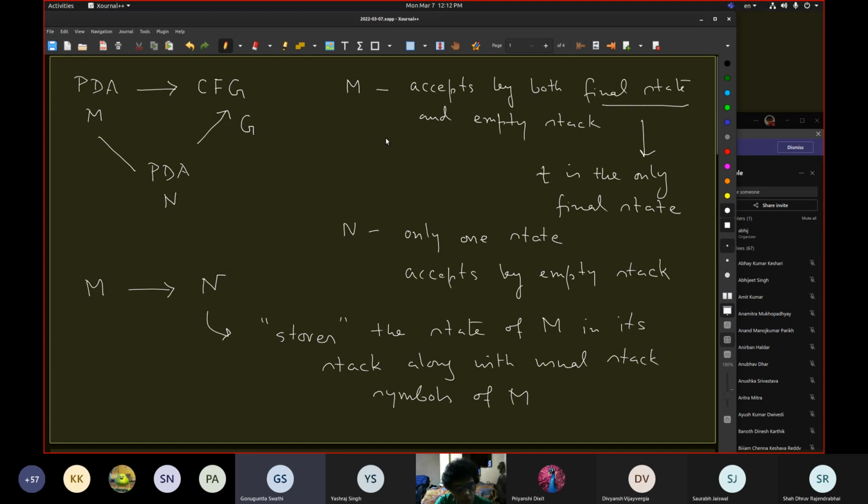I will give you a formal construction soon, but before doing that, let me give you an example. This is a simple example, but this has a relevance in the context of our construction.